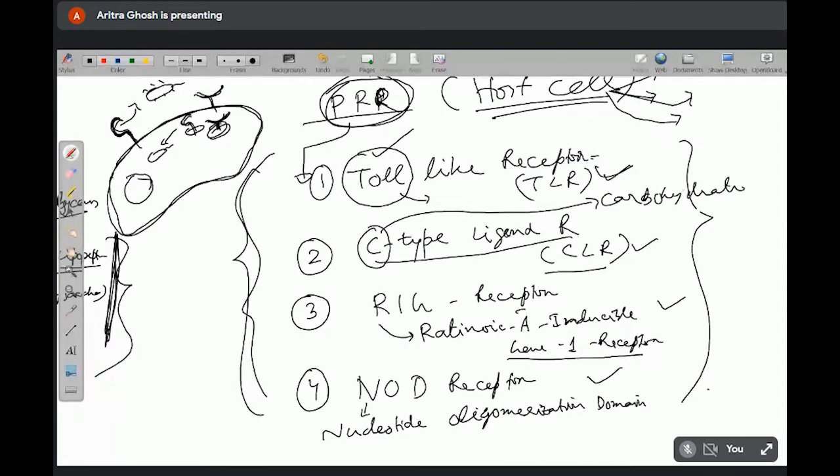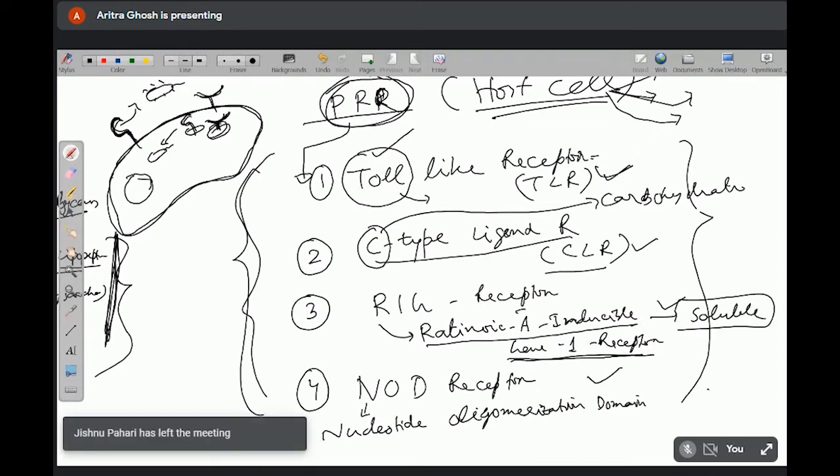RIG is a soluble pattern recognition receptor, and NOD is also present intracellularly.